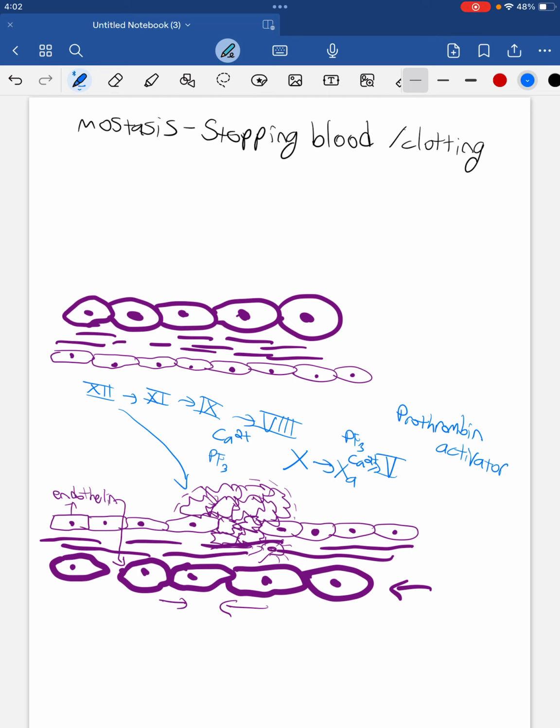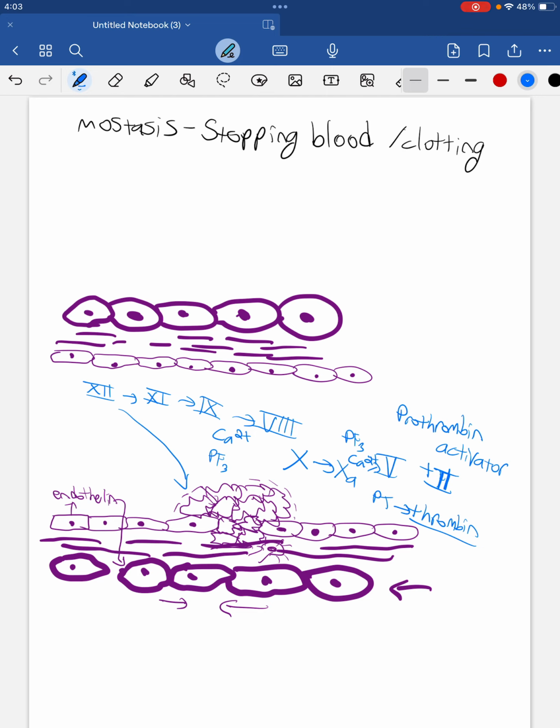Okay, this along with factor 2, or we're just going to draw the Roman numerals here. Factor 2 converts prothrombin, I'm just going to put PT for prothrombin, to the active thrombin. Okay, so it's all factor 2.